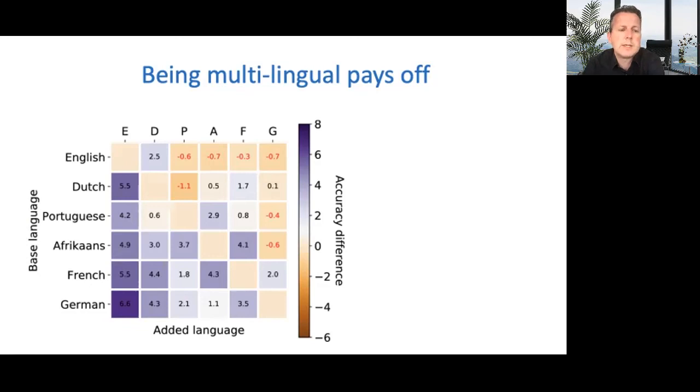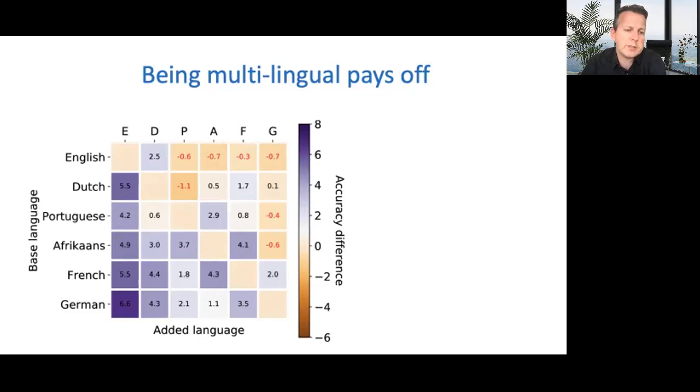For each row, we visualize the impact of adding another language. English is already very good by itself, so adding more languages does not really benefit the result that much. Only by adding Dutch do results improve. So English and Dutch is a good combination.